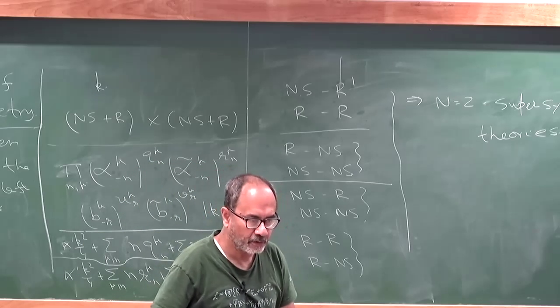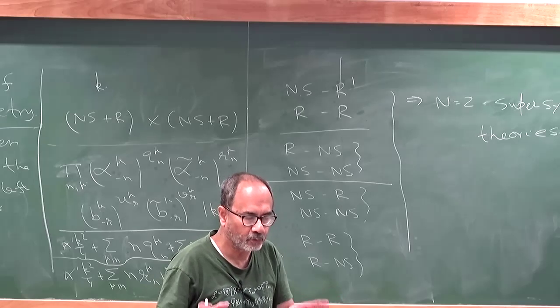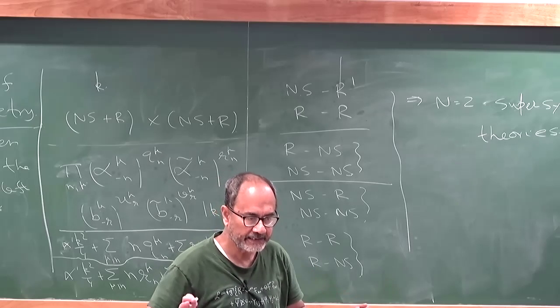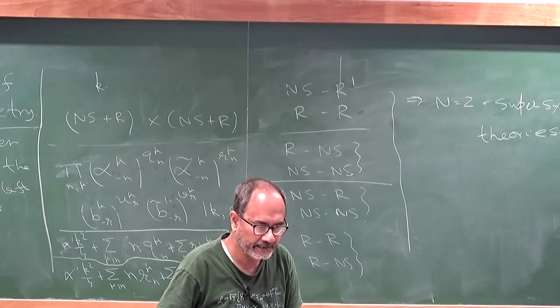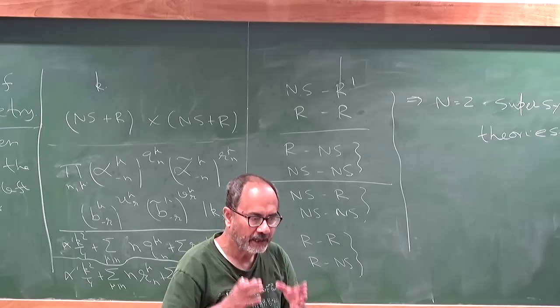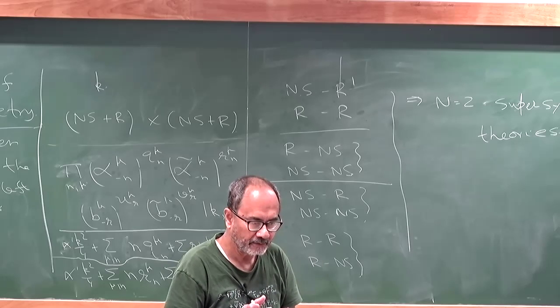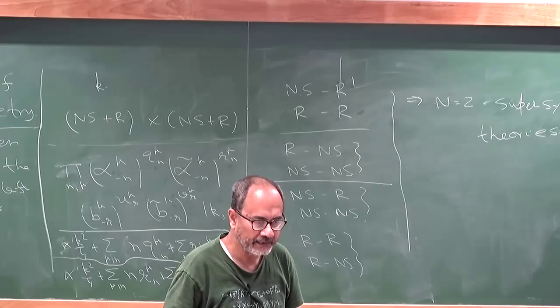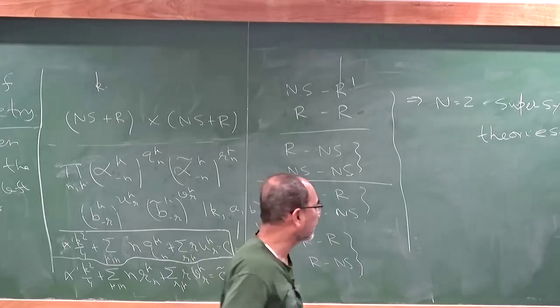In target space there is no left and right, but you can divide the target space fields into these four classes: NS-NS, NS-R, RR, and R-NS. So the first supersymmetry relates NS-NS states to R-NS states, without worrying about the other sector.